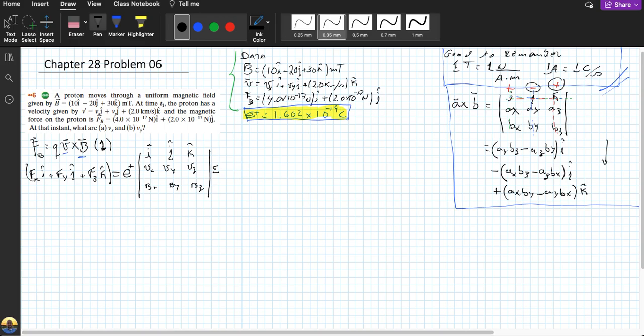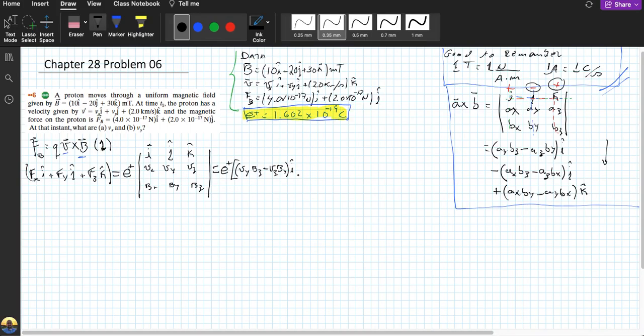So let me rewrite here. Now what I have is my electrical charge, positive charge here, and I can put a bracket here. So let's write Vy Bz. As you can see, Ay Bz, so here you're going to write Vy Bz, minus the same thing on the other side, Vz By, and this will be my i component.